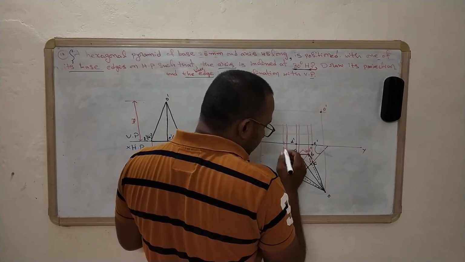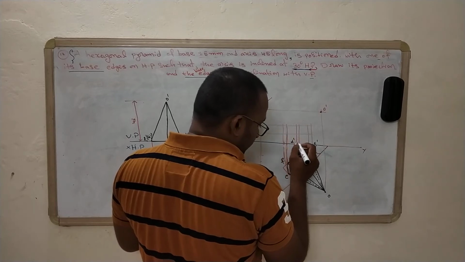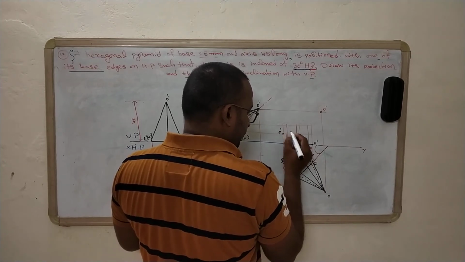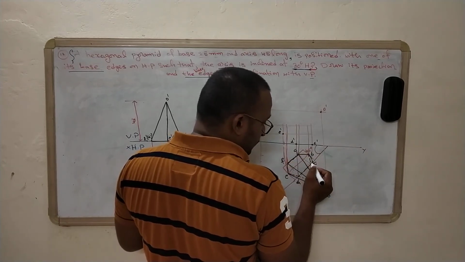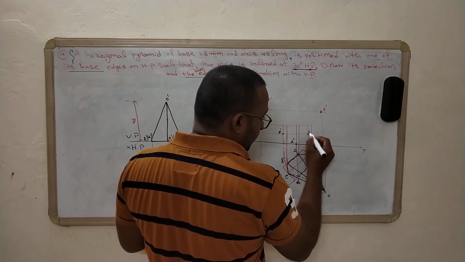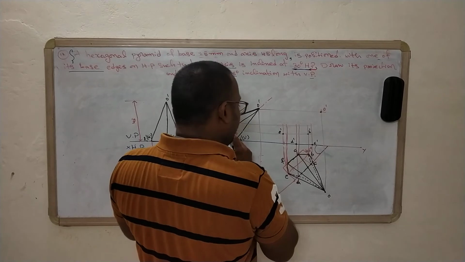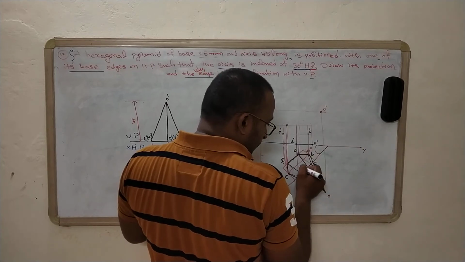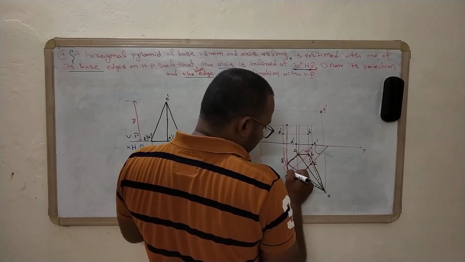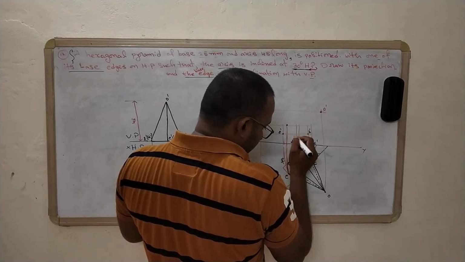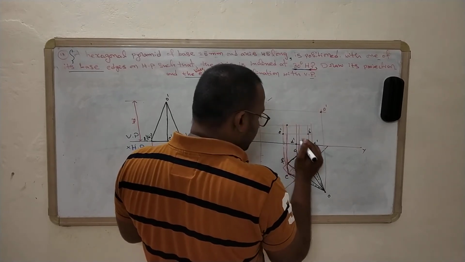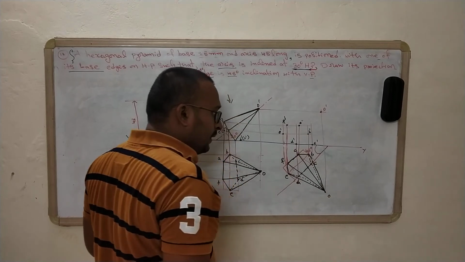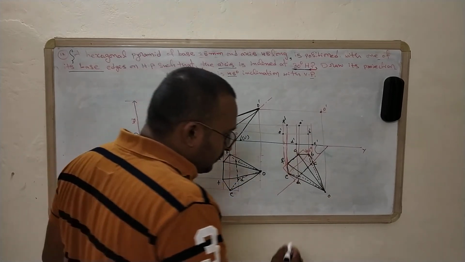So here it is E dash, and then B dash, then finally F dash and E dash, F dash, and here it is F dash and then A dash, right?